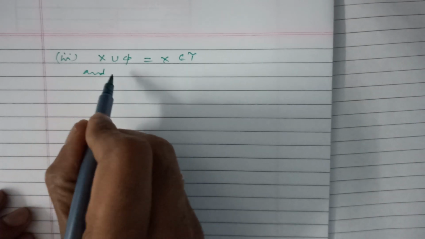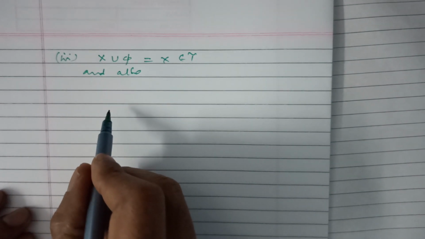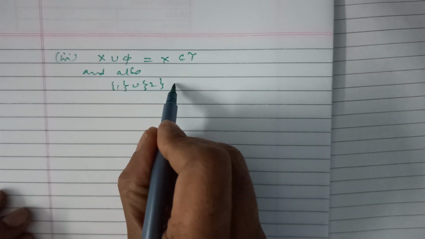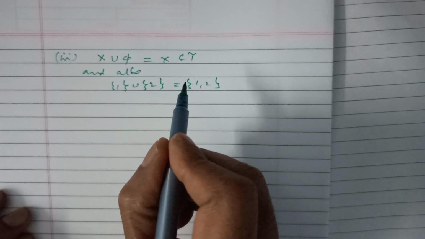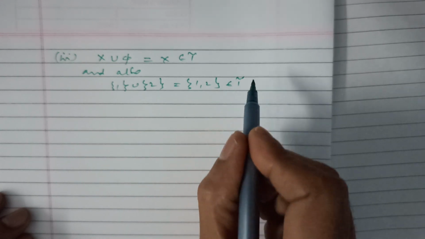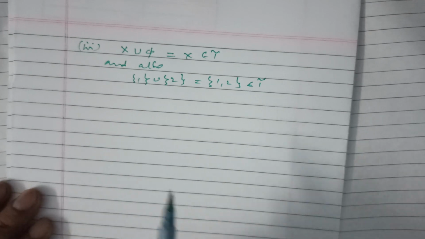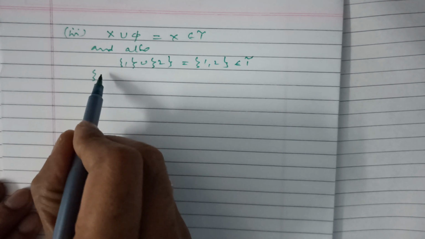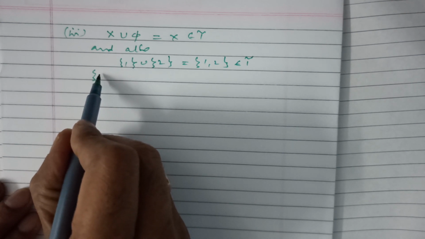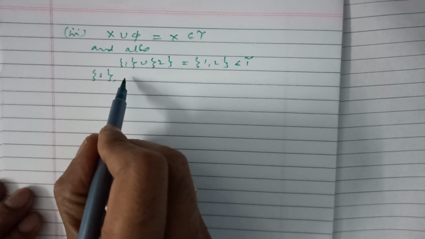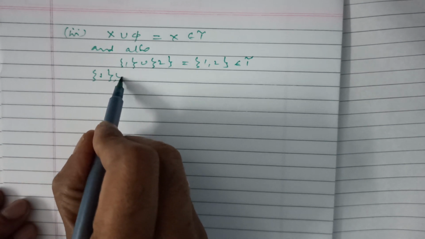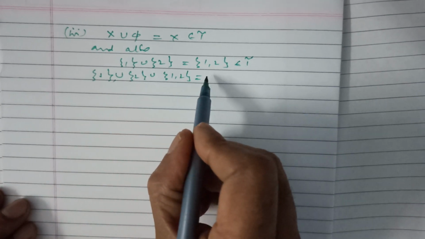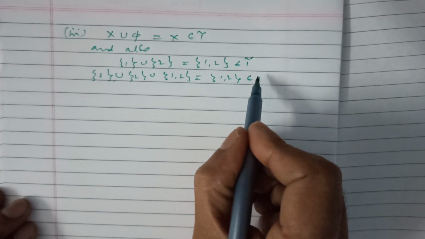And also {1} union {2} is equal to {1, 2}, which belongs to tau. Even taking 3 sets: {1} union {2} union {1, 2} is equal to {1, 2}, again belongs to tau.